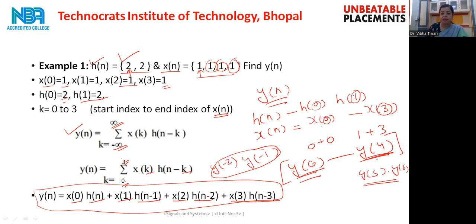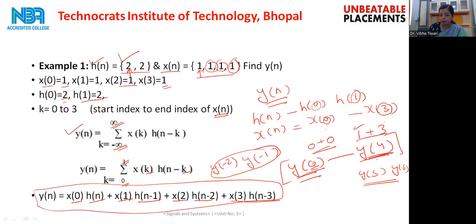So here the simple trick is, if you have to find what are the values of yn that you have to calculate, you can find it by first summing up the lowest indices of both the sequences that you are going to perform the convolution. Here in this case 0 plus 0 is going to give you 0. Similarly, you can perform the addition of highest indices of both the sequences.